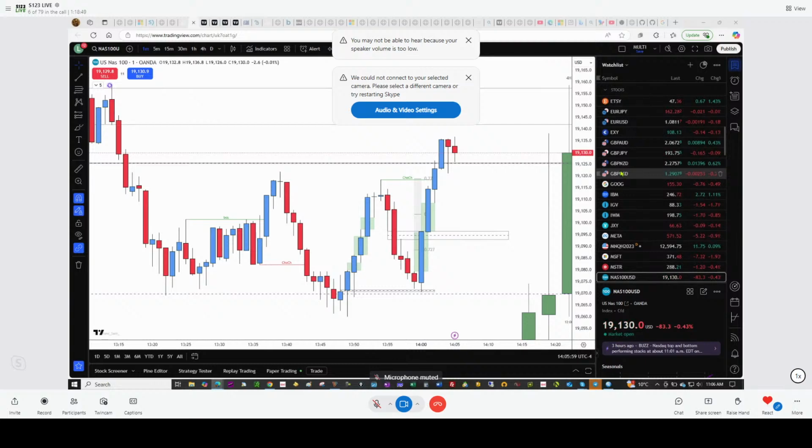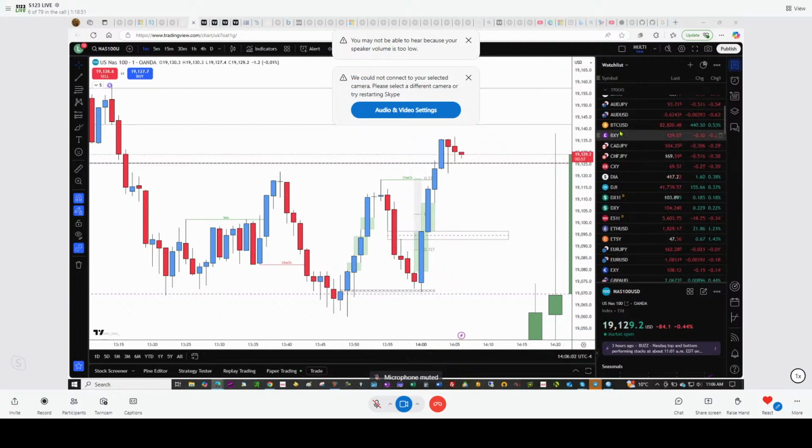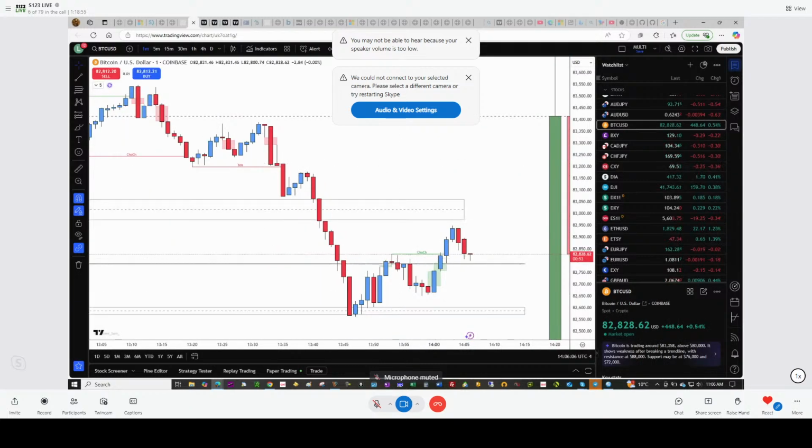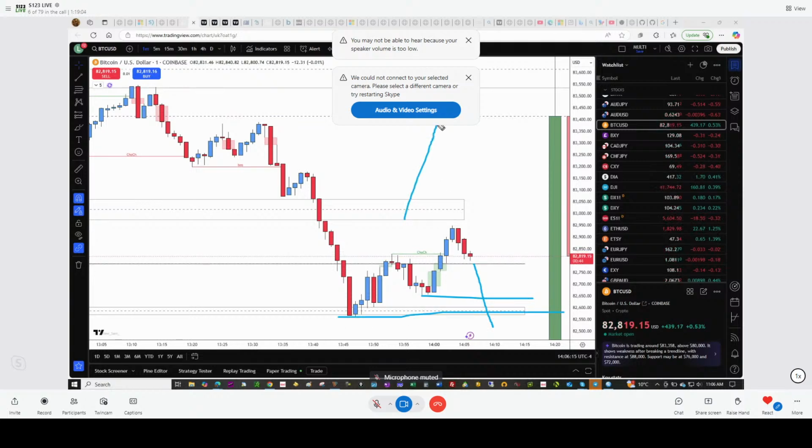How's Bitcoin doing? So Bitcoin still looks like it wants to drop through. Right now the NAS has made this move, and we're looking for the NAS to retrace. So this would be in line with a retrace for Bitcoin.